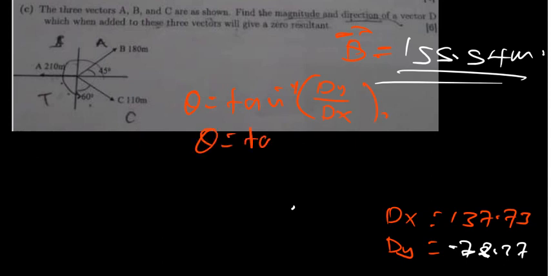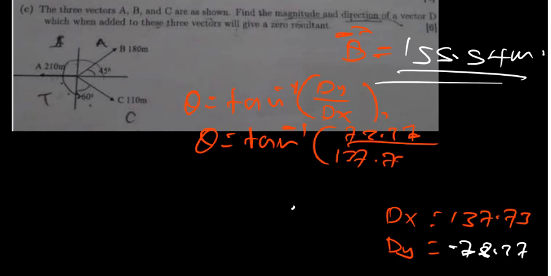So for Dy we ignore the negative. Then you have 137.73.